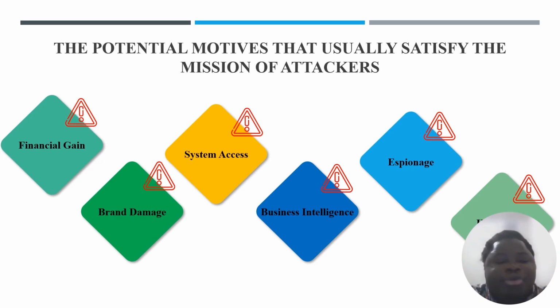Next, we have sabotage and disruption. For political and ideology motives, some threat actors target key infrastructure, services, or activities rather than being driven by financial gain. Now, these are other examples of motives that usually satisfy the mission of attackers.